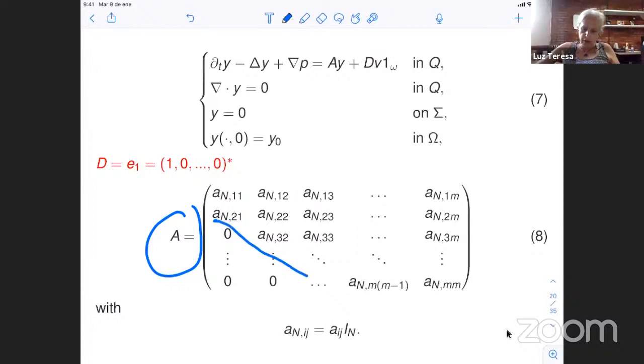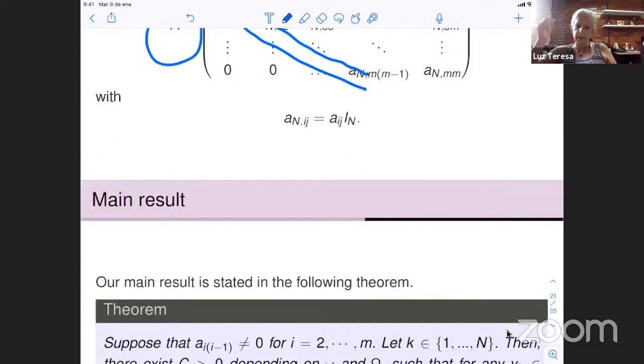So under the diagonal, everything is 0, and the rest can be almost everything. Here has to be different from 0 in order to obtain a cascade.